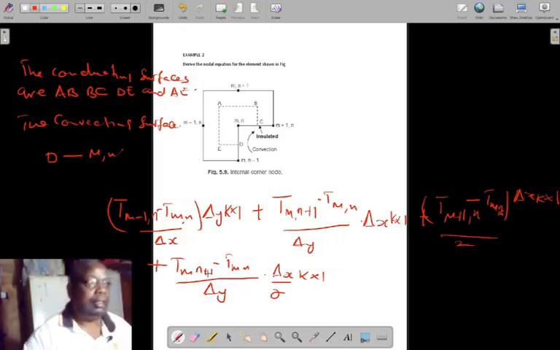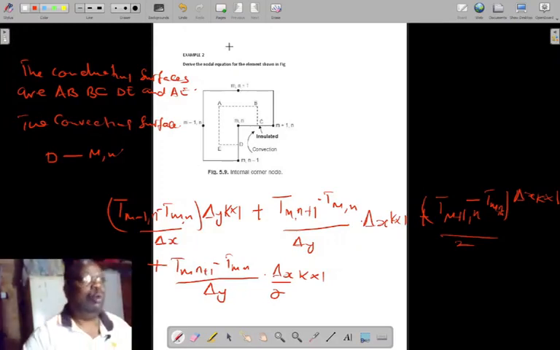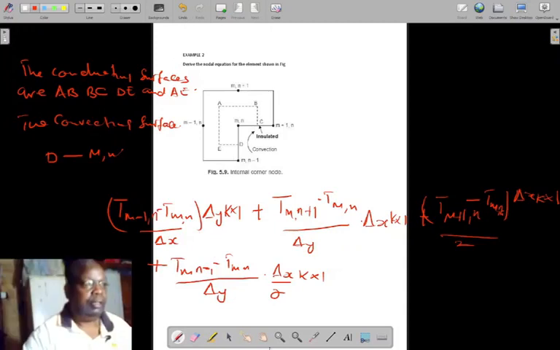Okay, this is Tm, n minus 1, that is for this node here interacting with that node. The motion is in the y direction, okay.